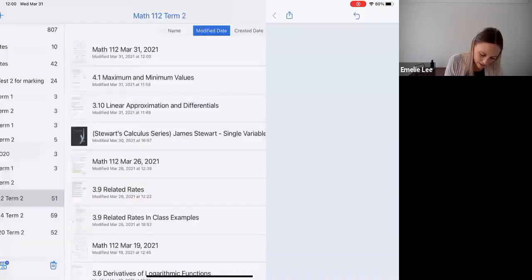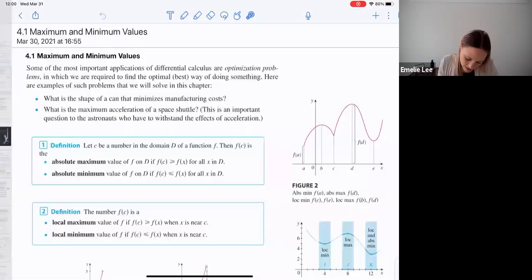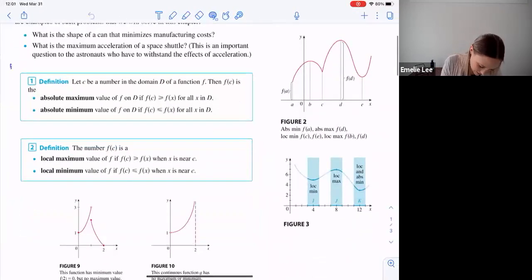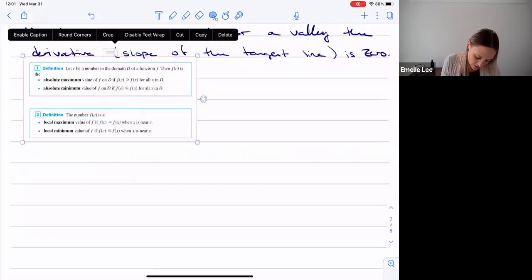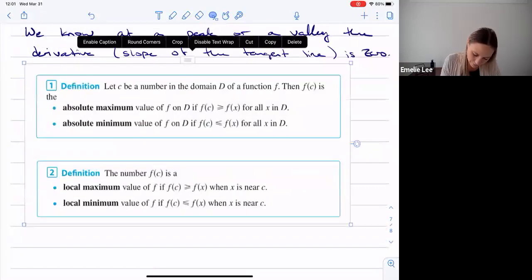So let me just bring in these definitions of absolute max and mins, but they're exactly what you kind of expect.